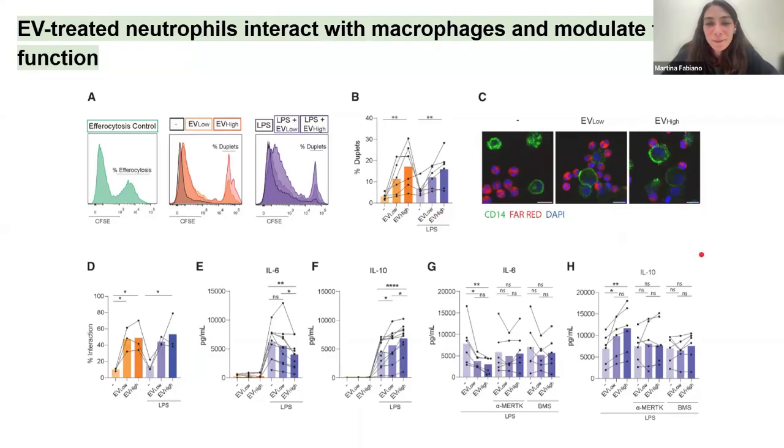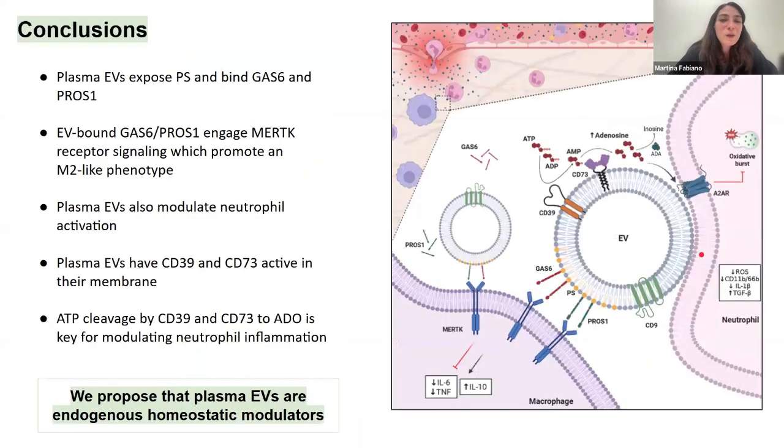Now the following. In order to conclude, what we have been talking about this time is that plasma extracellular vesicles expose phosphatidylserine and bind Gas6 and protein S. The important thing here is that it was already known that phosphatidylserine was exposed, but by SMLM we discovered that there were a lot of EVs that expose phosphatidylserine.